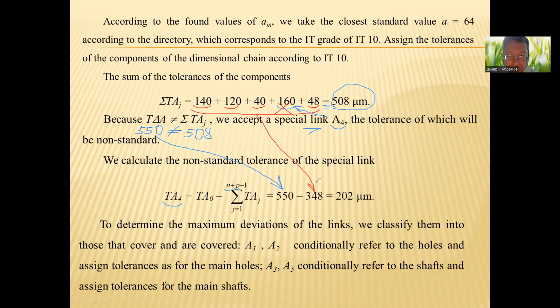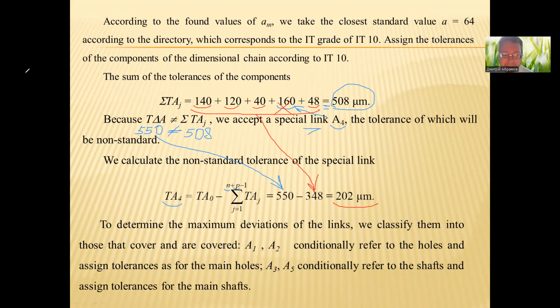It will be equal 348. And 550 minus 348 will be equal to 202 micrometers. It's non-standard tolerance of special link.